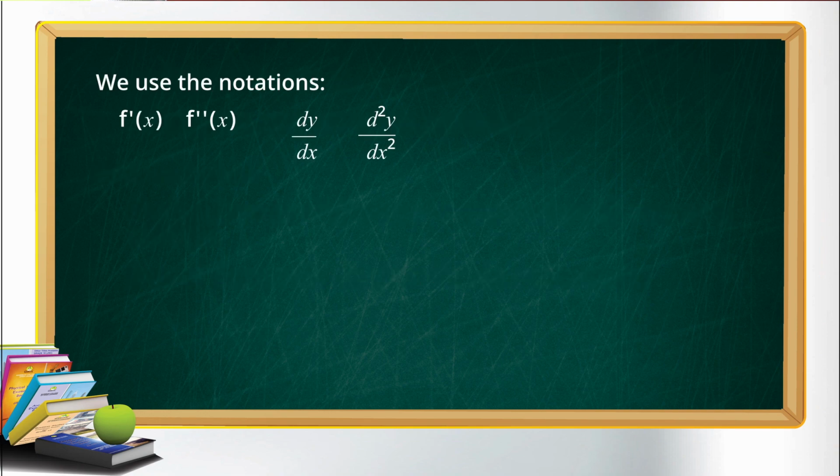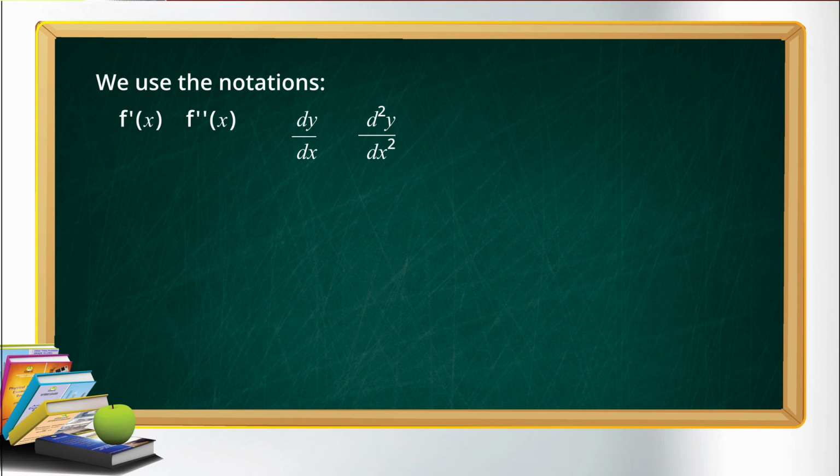When doing differentiation, we use the notations f prime x, f double prime x, or the second derivative of x, dy/dx, and d squared y/dx squared. Once you have got this, learning outcome 1 can be ticked off the list.